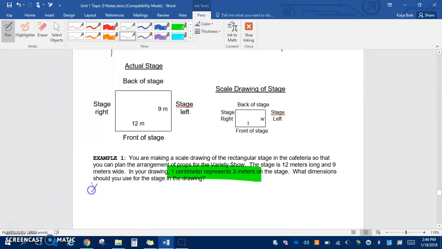So remember that X is our original and Y is our scale, and that's what we talked about in the other lesson. So we're still doing Y over X. Alright, and we are going to do centimeters over meters.